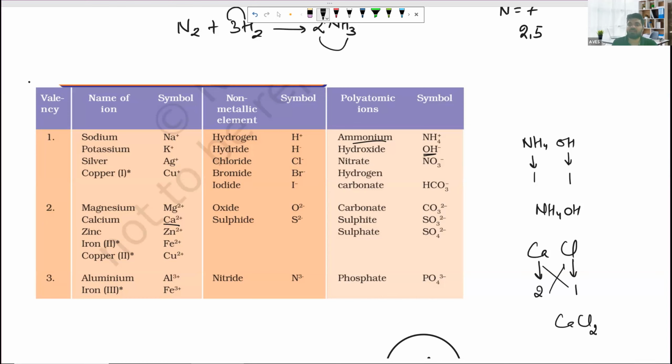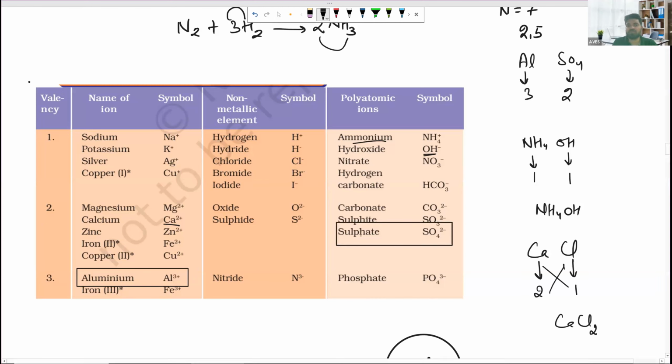Now I'm going to write the formula of aluminium sulfate. You can check aluminium has valency 3. Where is aluminium? This is aluminium, valency 3. And sulfate has valency 2. This is sulfate, and it has valency 2.